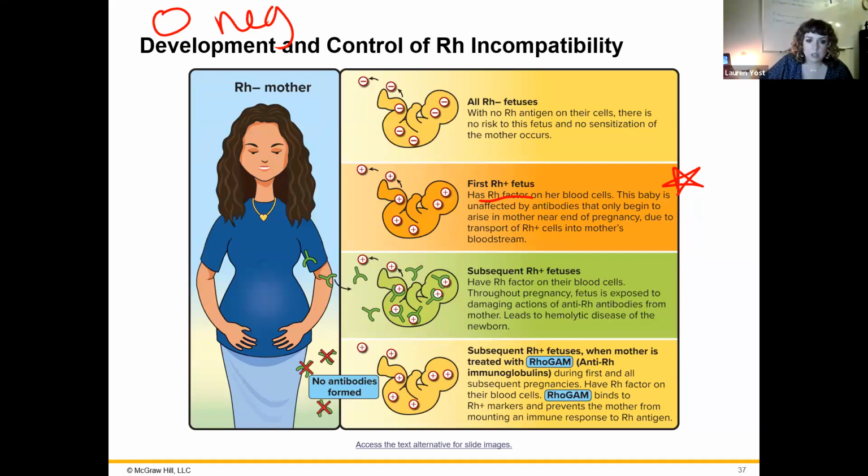However, in your subsequent Rh positive babies, we now have antibody already built up against this baby. The unfortunate thing is, the blood that we're reacting to with the Rh positive on it that we see as foreign is not going to be made until later in the pregnancy.